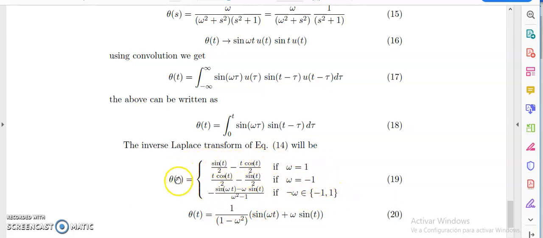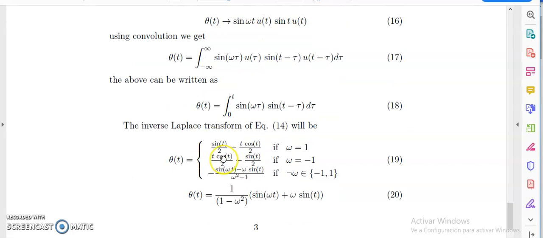This nice solution is obtained using the MATLAB symbolic toolbox. I will try to show you in another video later how to do this with the MATLAB symbolic toolbox. It's very easy and it's worth learning this application of MATLAB. So this is our solution for the nice problem of a pendulum with a moving support.